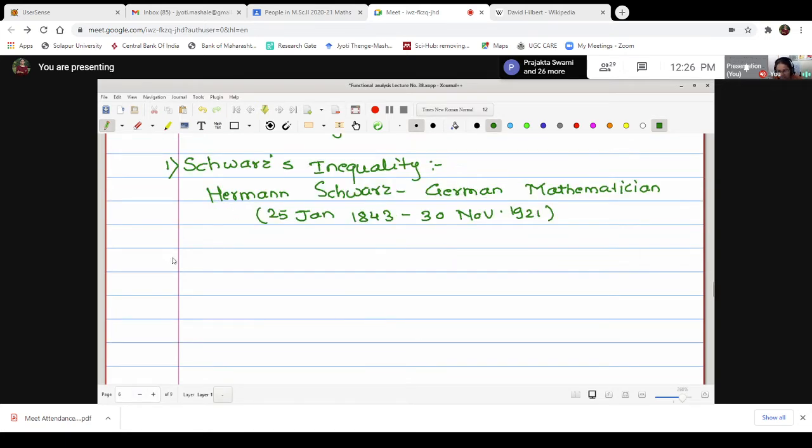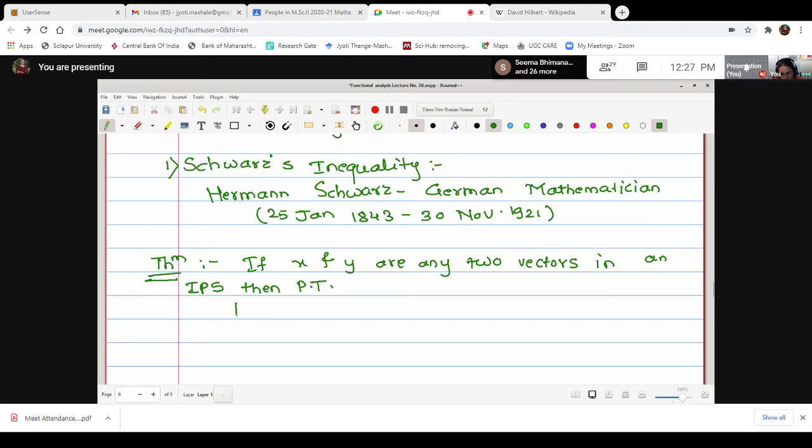Therefore, I will just write the statement of the theorem. The statement tells that if x and y are any two vectors in an inner product space, then prove that the modulus of the inner product of x and y is less than or equal to the norm of x times the norm of y.